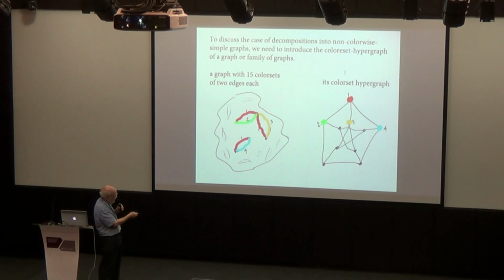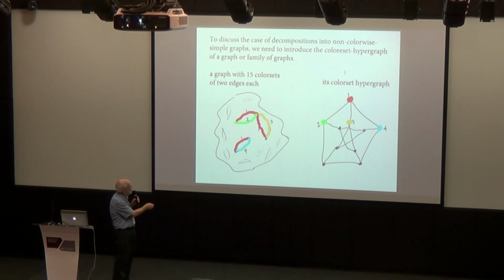You can form a color set hypergraph where the vertices are the colors, and this is not an edge-colored graph. And the edges are the color sets. I think that 1 and 2 are a color set because that's the set of colors of edges coloring two adjacent vertices. And 1 and 3 would be a color set.